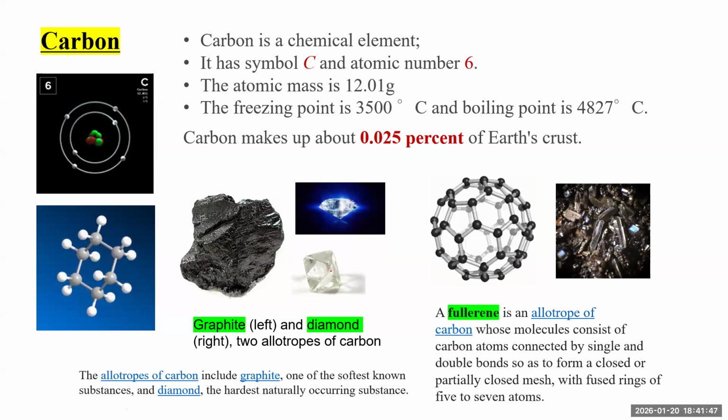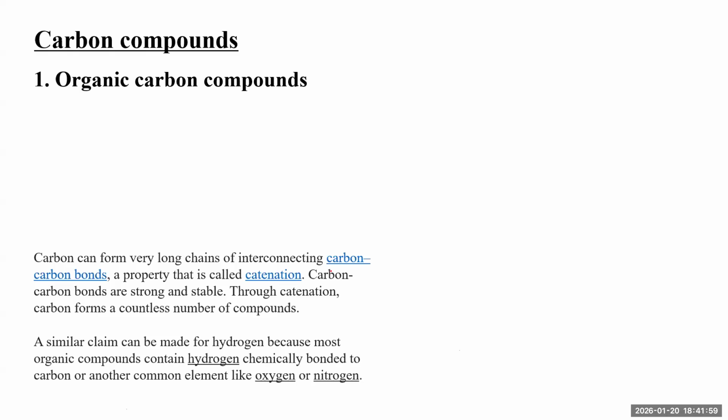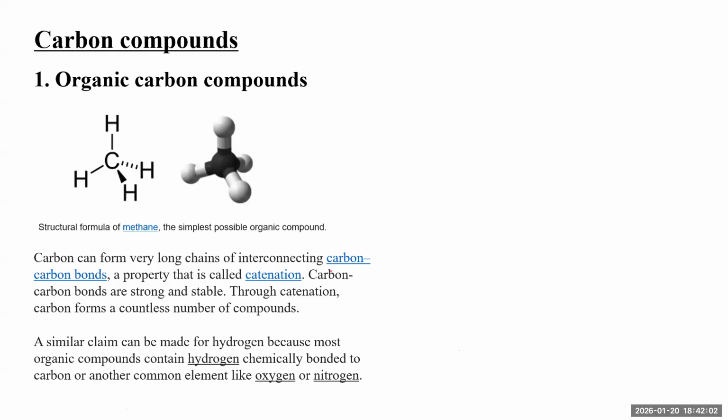Then we look at the fossil fuels, because fossil fuels are different carbon compounds. Carbon can form very long chains of interacting carbon bonds, and this property is called catenation. Also, carbon-carbon bonds are very strong and stable.